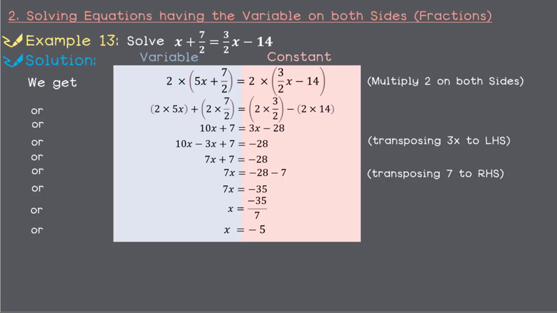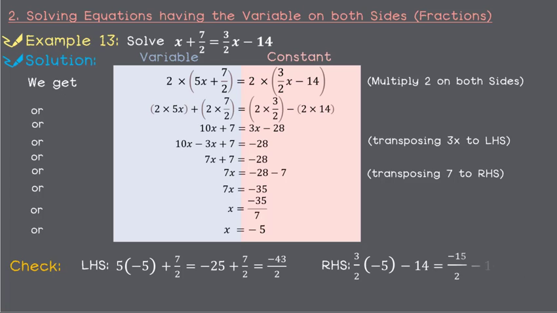So let's make sure that it actually works by substituting into the original equation. We get 5 times negative 5 is negative 25, then plus 7/2 is negative 43 over 2.